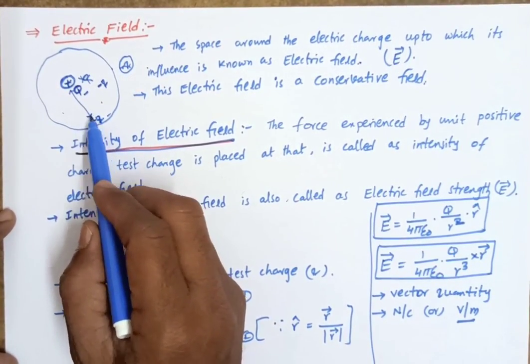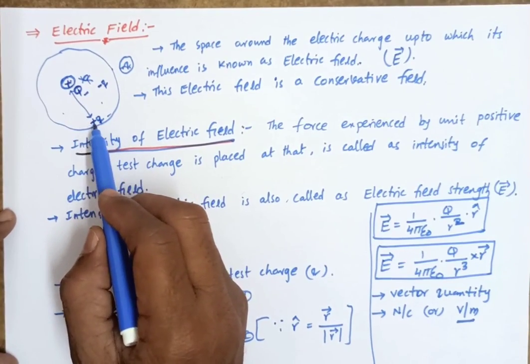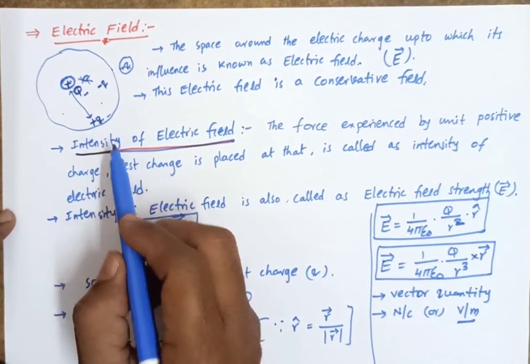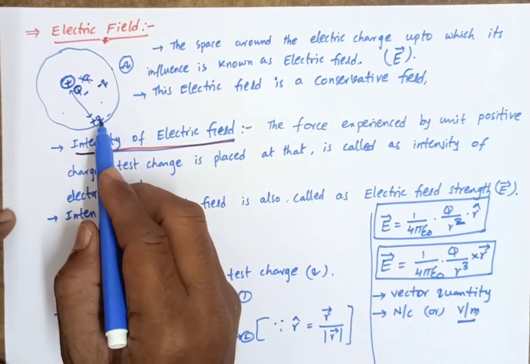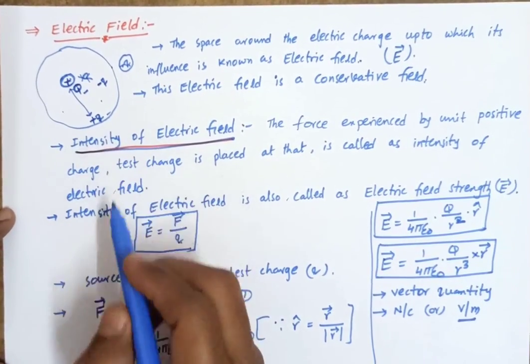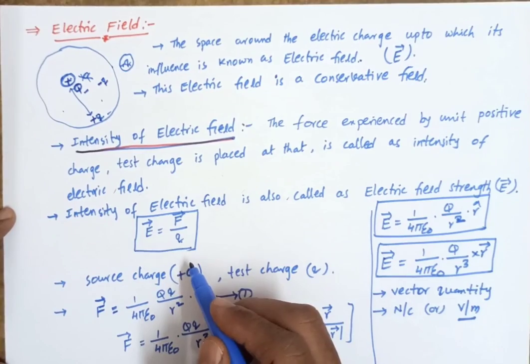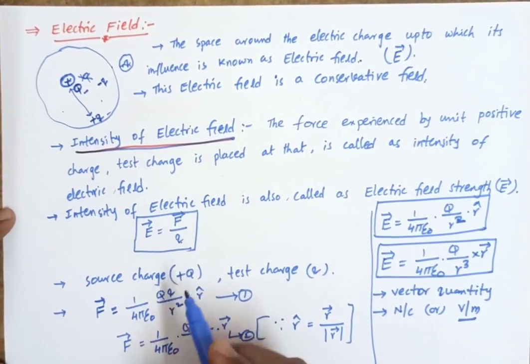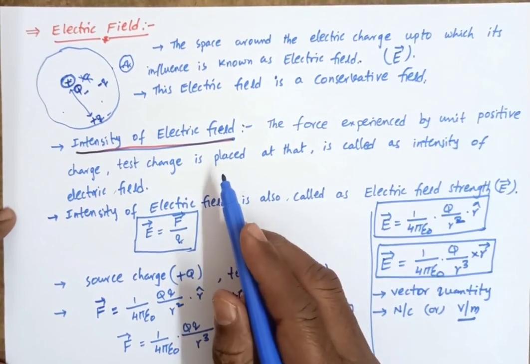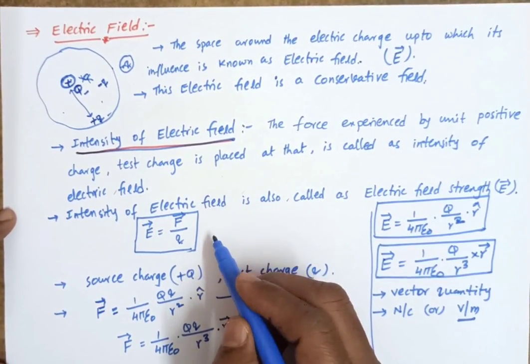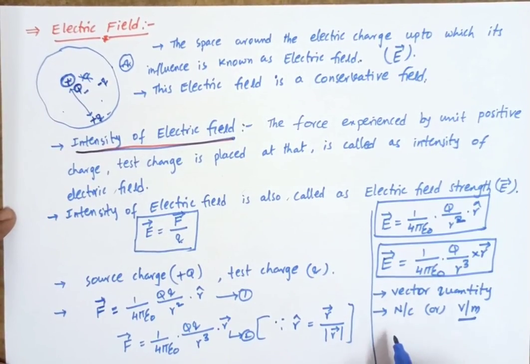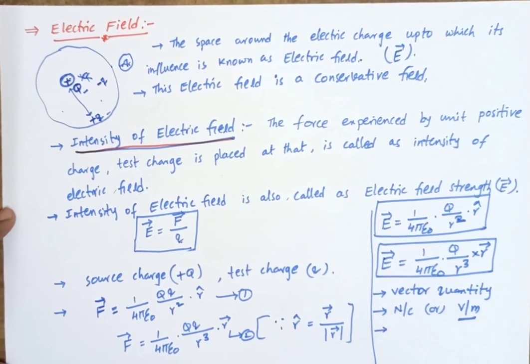When the test charge taken is positive, the electric field direction is outward. When a test charge is taken negative, the direction is inward toward this charge.